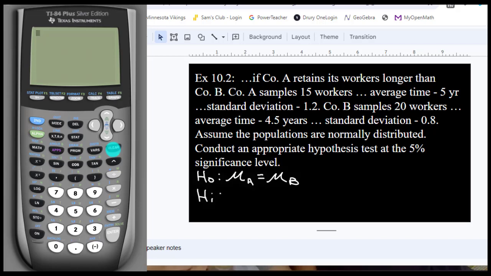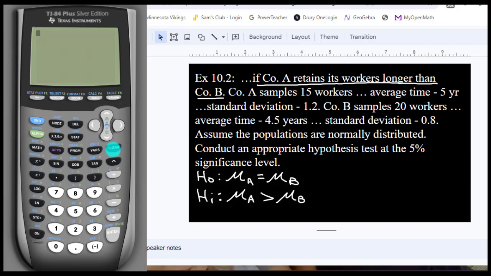The alternative hypothesis, that should be just a 1, not an I. If we look at this, the question they're asking is if Company A retains its workers longer than Company B. So that means the alternative hypothesis is that the mu of Company A is greater than the mu of Company B, the average for Company B.